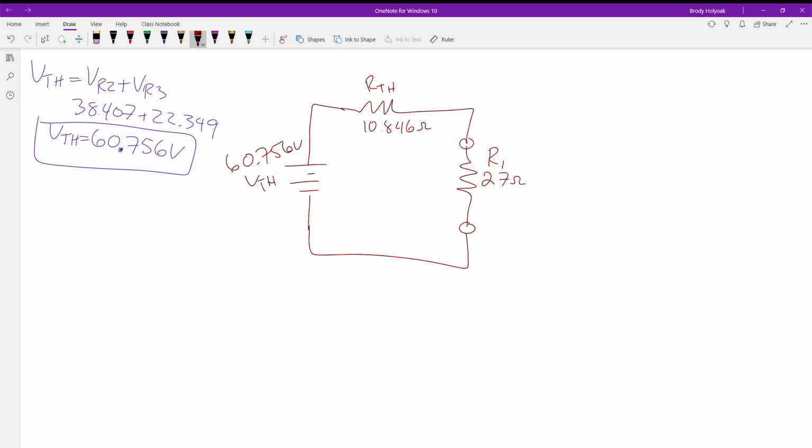So now, at this point, we're going to be solving for the actual values of R1 in the main circuit. It's just a simple matter of using voltage divider.